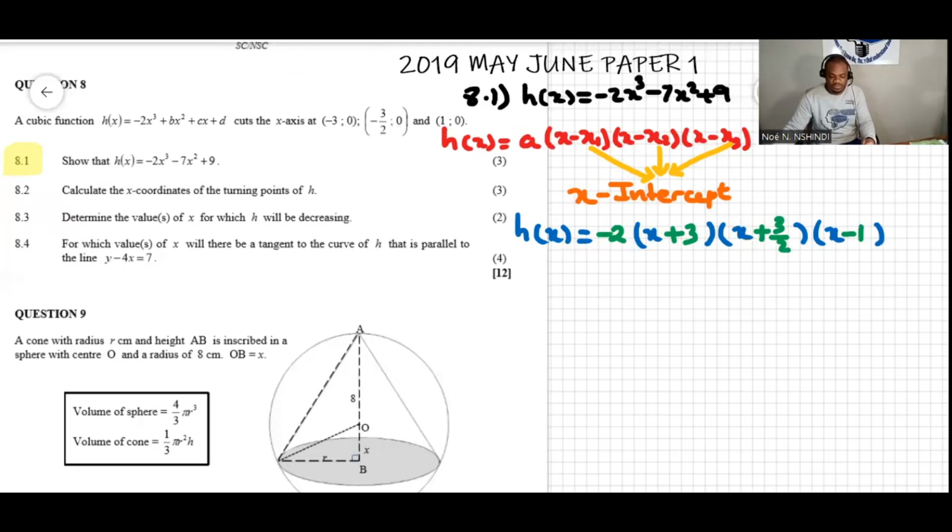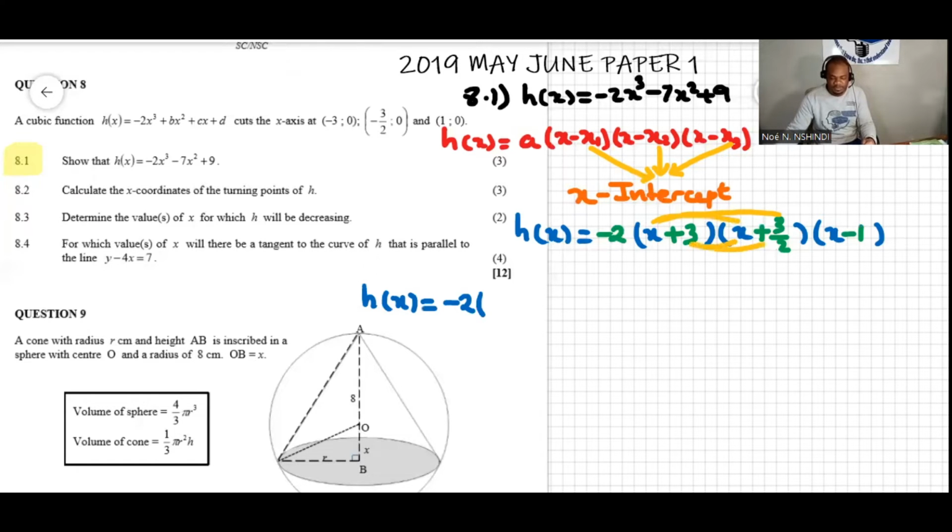So this will be h of x. Let me just write it over here on the right. I'll keep negative 2 out there, and then we will do x times x, and then x times 3 over 2, and then 3 times x, and then 3 times 3 over 2.